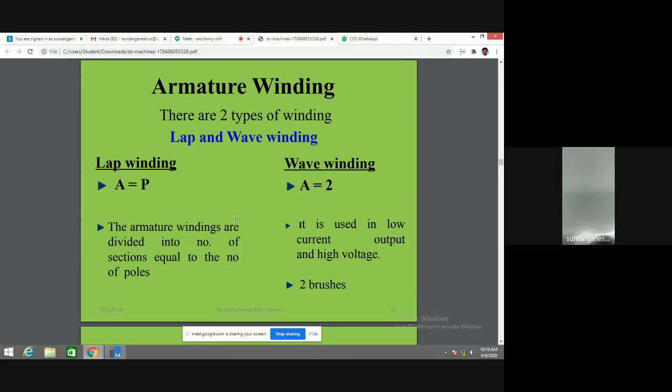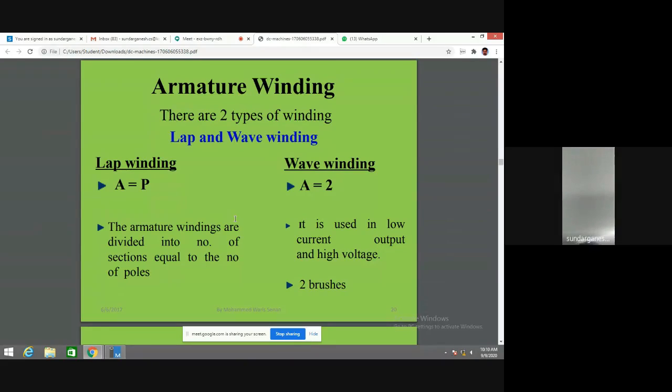If the number of poles is 4, you have to give the number of parallel paths equal to 4. If the number of poles is 8, you have to give the number of parallel paths equal to 8. That is known as A equal to P. The armature windings are divided into a number of sections equal to the number of poles.